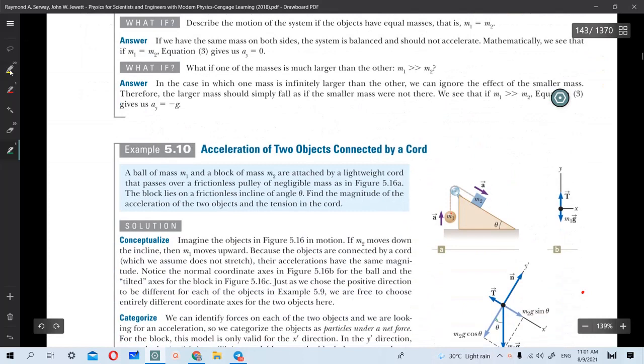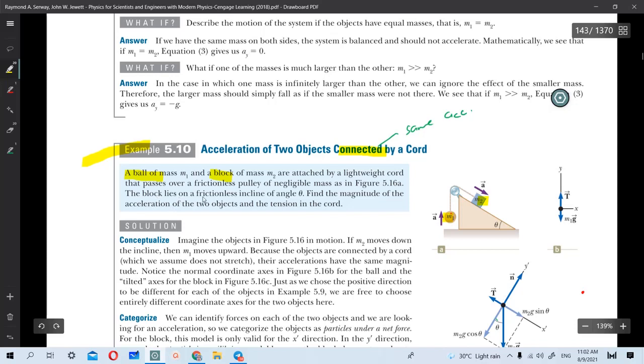Alright, example 5.10, acceleration of two objects connected by a cord. Again, the term connected refers to them having the same acceleration. Now, what is the situation? You have a ball and a block, attached by a lightweight cord that passes over a frictionless pulley of negligible mass.